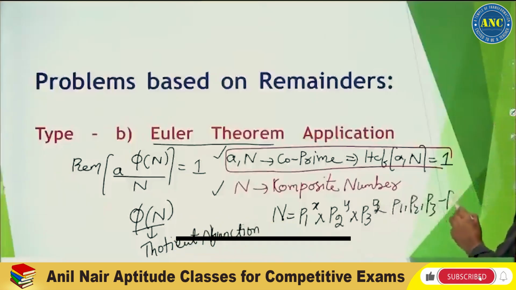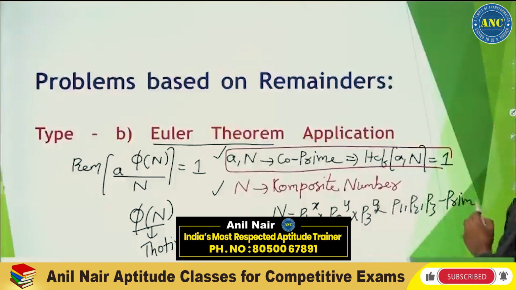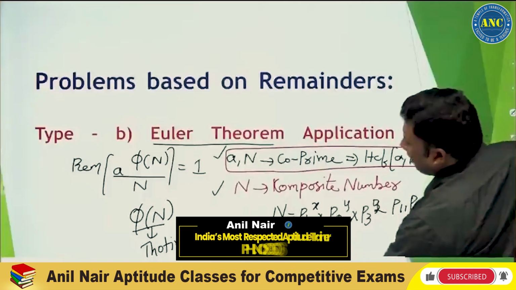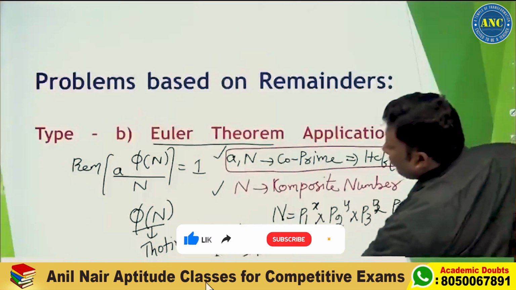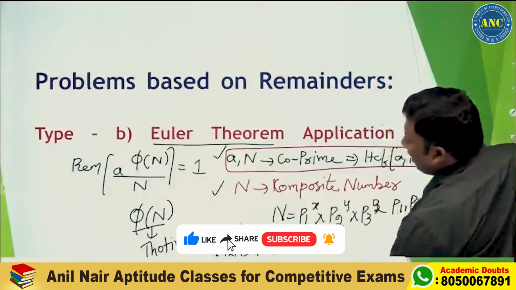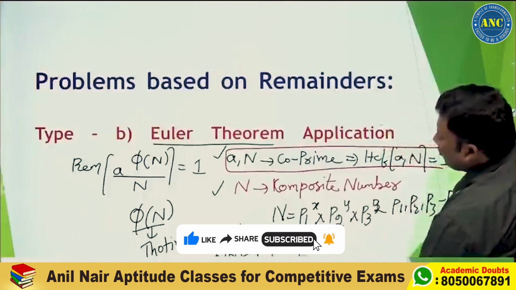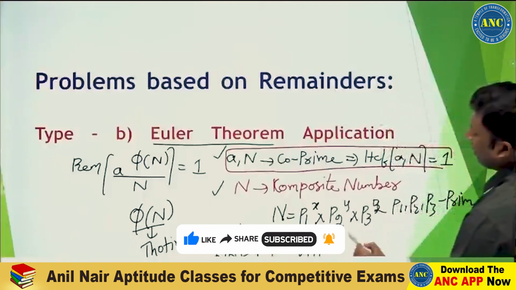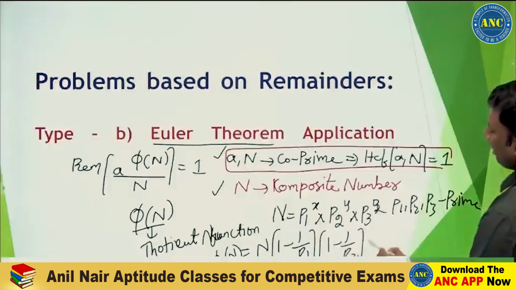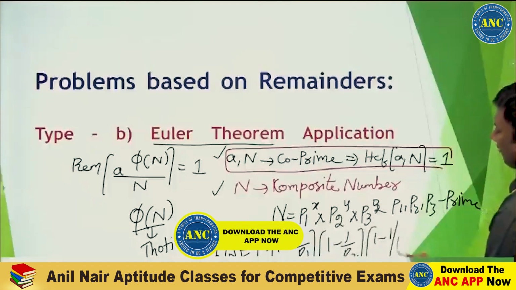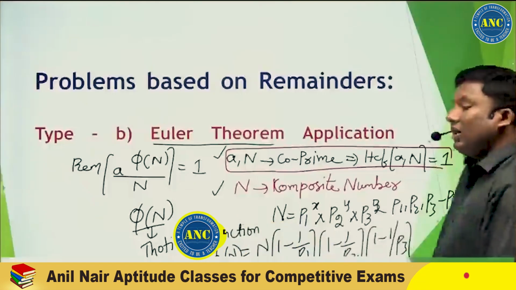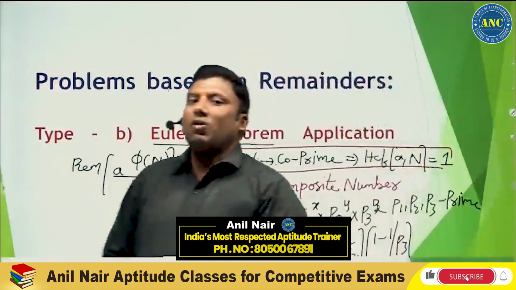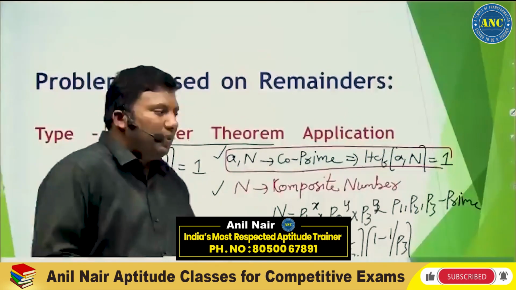The quotient of n is given by n times 1 minus 1 by p1, 1 minus 1 by p2, 1 minus 1 by p3. Sir, where did we get 1 minus 1 by p1, 1 minus 1 by p2, 1 minus 1 by p3 from?